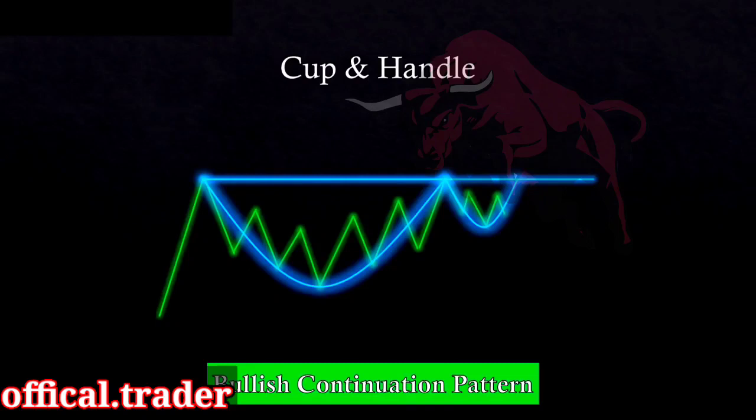The fact that the handle or the smaller arc retraces just a little bit and then hits that resistance wall again signifies bullish power. So when the price breaks the resistance and retraces back to test it as support, we have a buy signal. The logical stop should be placed below the lowest low in the handle, and the target should be at least 3 times as large as the stop.